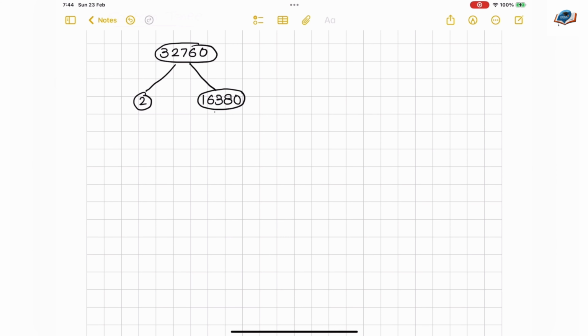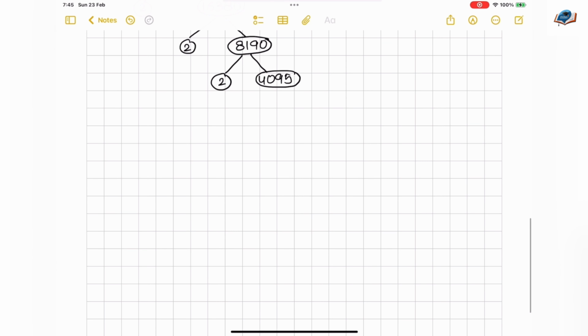So now again, if I see this, it will be 2 into 8190. Now again with 2, 4095. Now 4095 will go with 3, 1365.